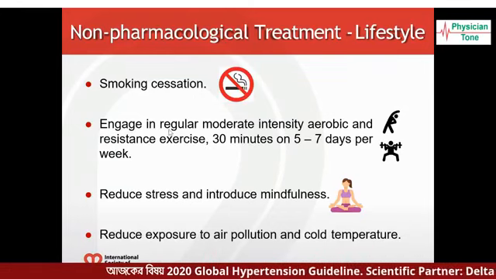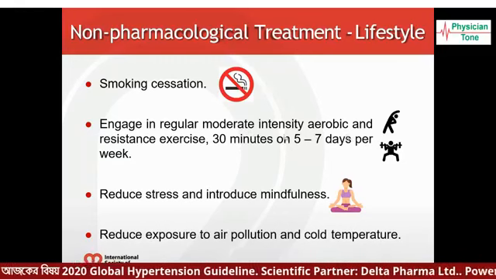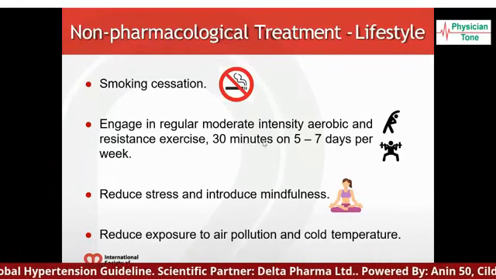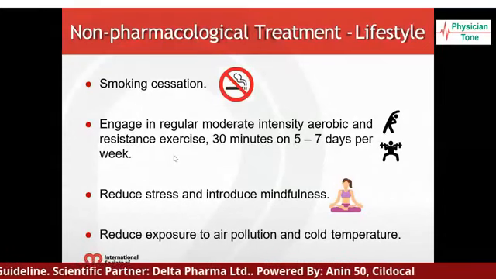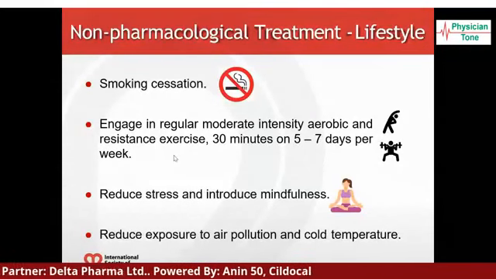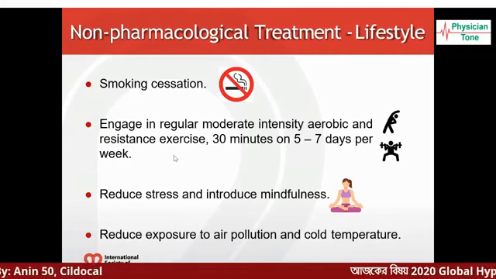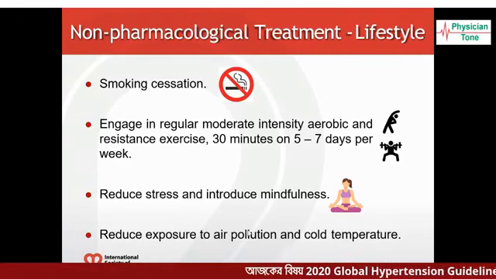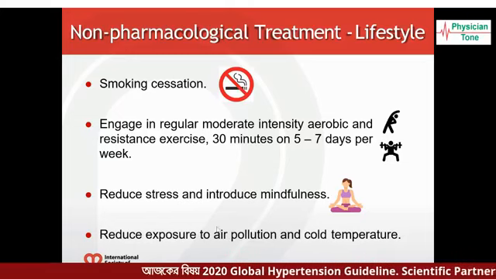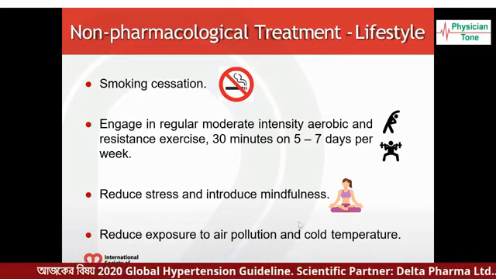Engage in regular moderate intensity aerobic and resistance exercise, 30 minutes on 5 to 7 days per week. Reduce stress and introduce mindfulness. This is also important: reduce exposure to air pollution and cold temperature. This is introduced in this guideline for air pollution and temperature variation of blood pressure.